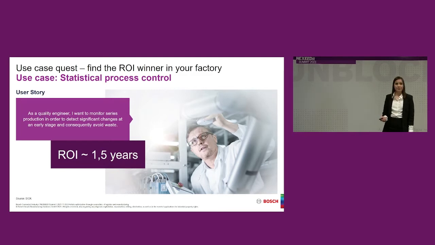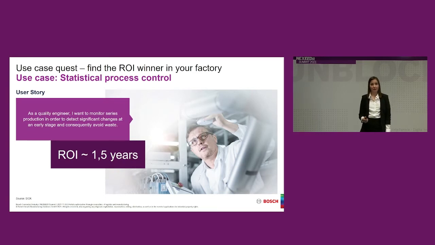So as probably many of you, we have hard intervention limits in our machines. We have these to ensure the quality of our products, but we wanted to go a step further. We wanted to do a statistic approach.